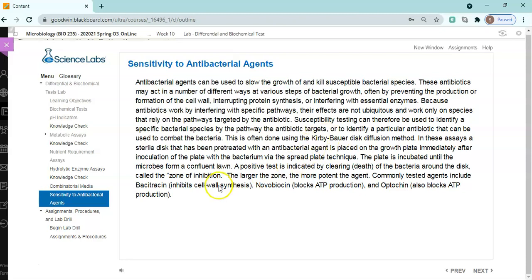And what we were able to see is a zone of inhibition or clearing that formed. The larger the zone, the more potent the agent. So the microbe in a larger zone was more susceptible to that antimicrobial agent. If the zone was small, there was a higher level of resistance.